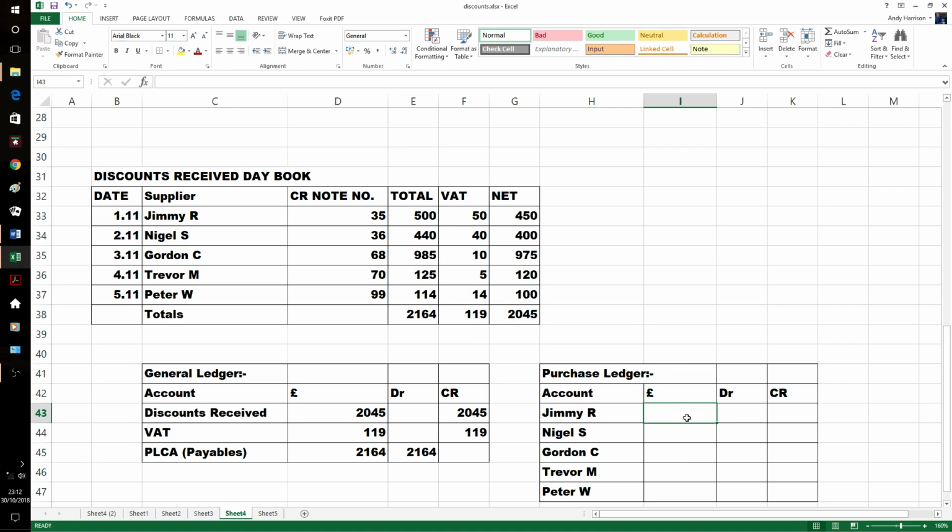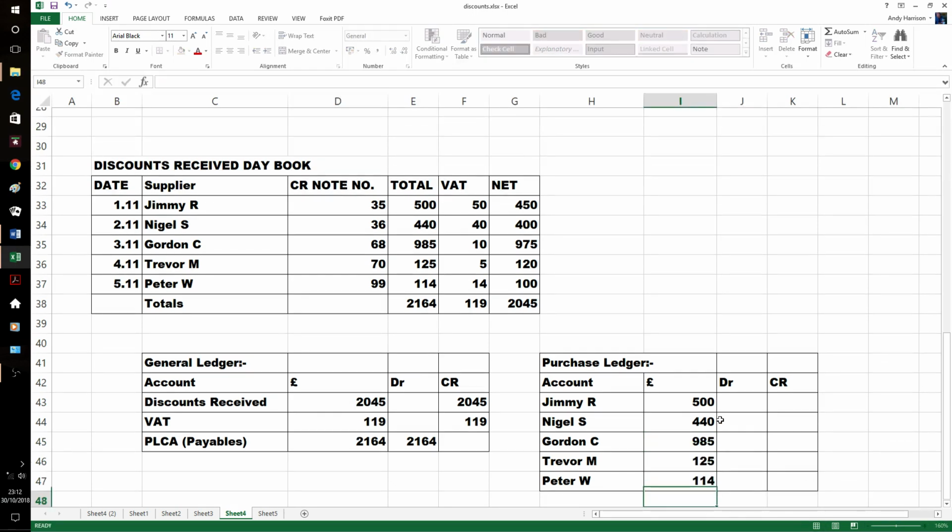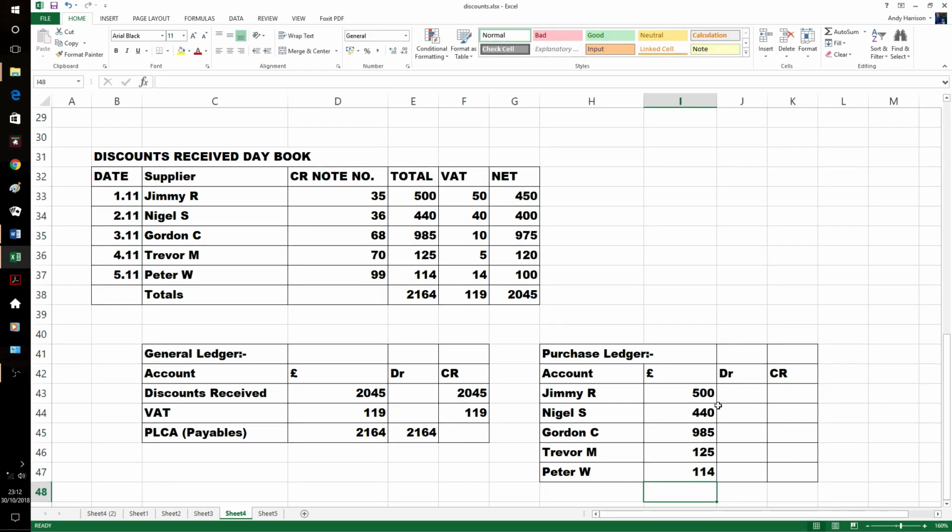And it will be the totals. And just like the control account, debits, and that's our postings from our discounts received daybook.